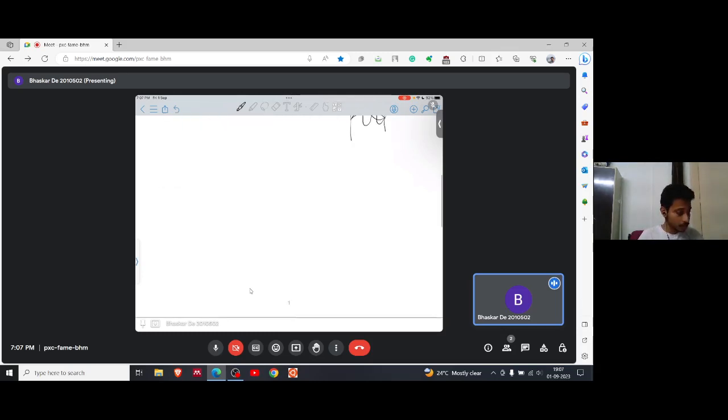So what is the Fabry-Perot resonator? First of all, the convention I am going to use for this resonator is that this is one of the mirrors.